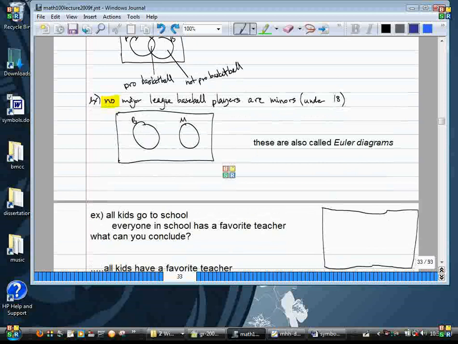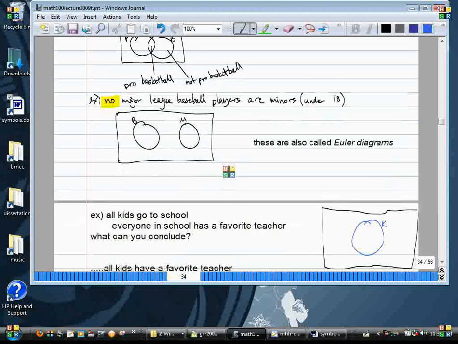Now let's draw the picture for this. So how can we draw the picture for this? Okay, so what's a subset of what? So what should I draw a circle for? For all kids. Okay? So I'll draw a circle, K for kids. Now, what's the next circle that I should draw?